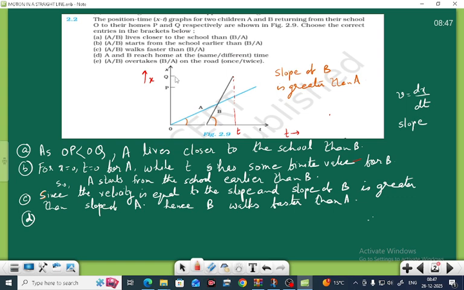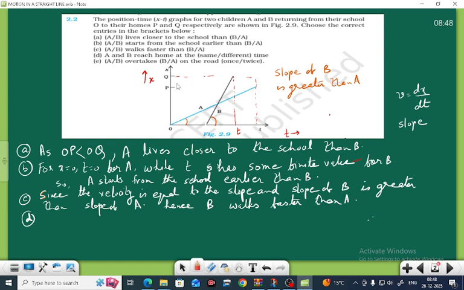So if you draw a perpendicular line, the graph is not so clear, but we are finding the value of Q and whether they reach home at the same or different time. The times you can find here are different. This is P, the time is here.